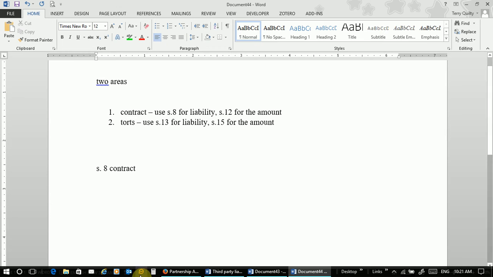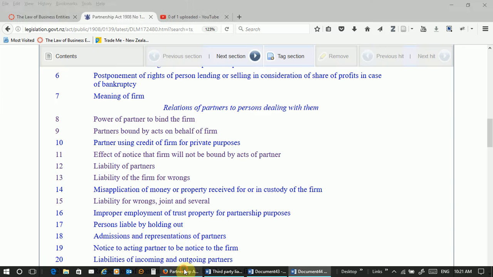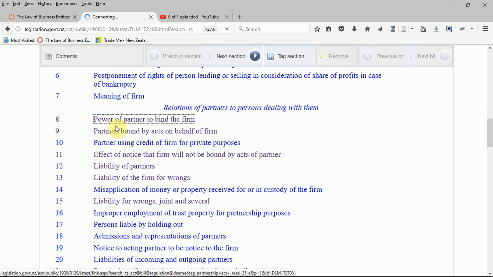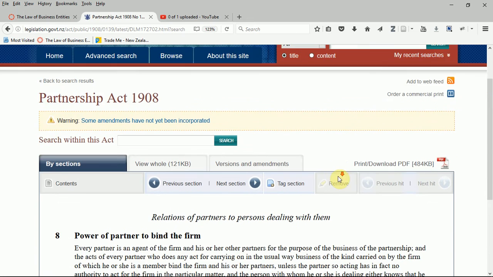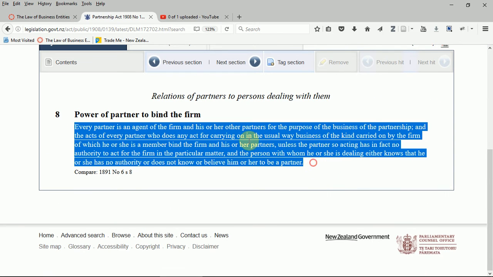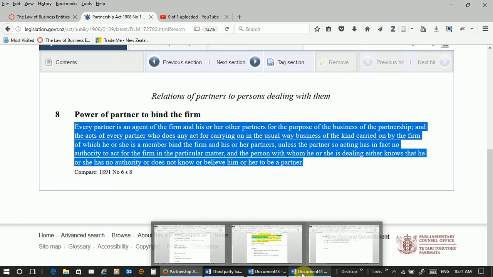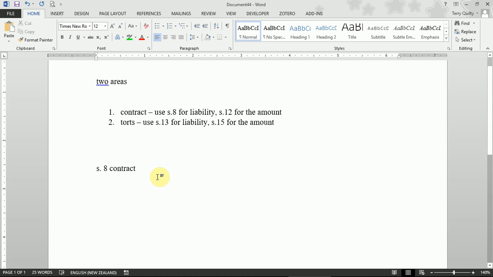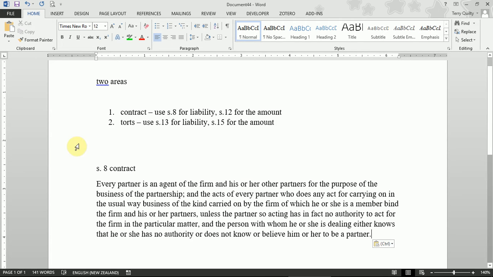Now, if we go back to the Partnership Act and bring up section 8, what do we actually have in section 8? We've got a big section. Let's copy that and highlight what matters in this section.